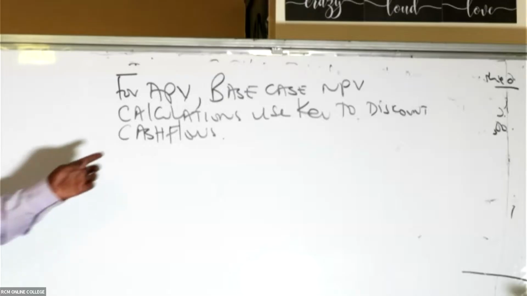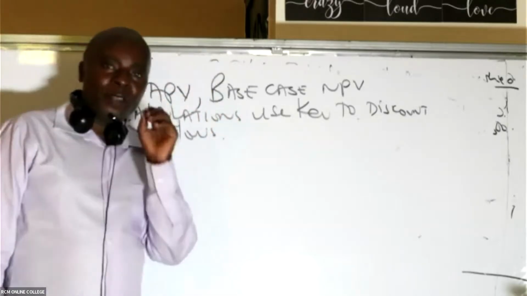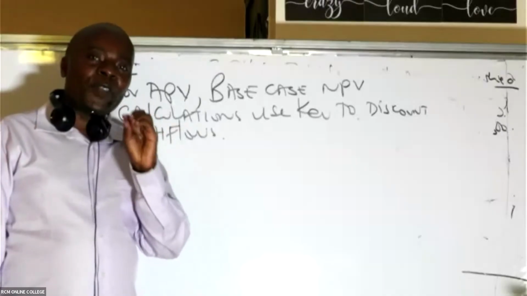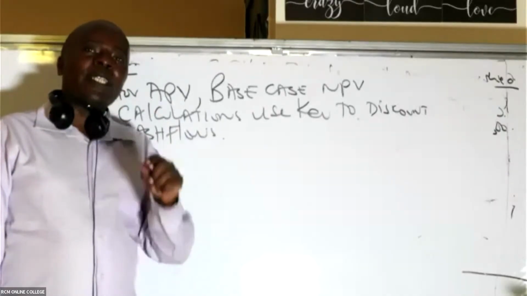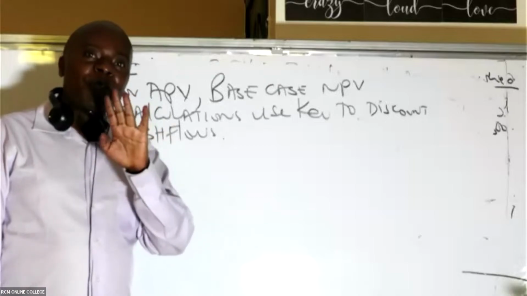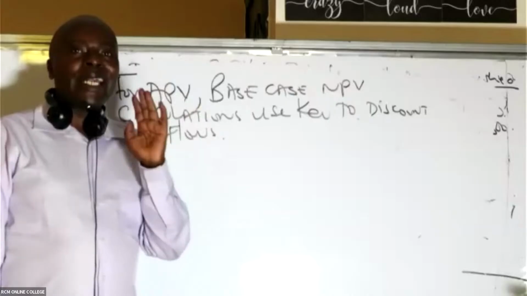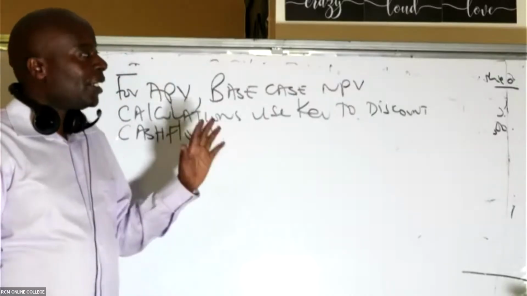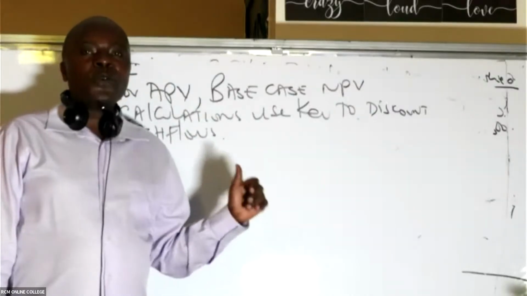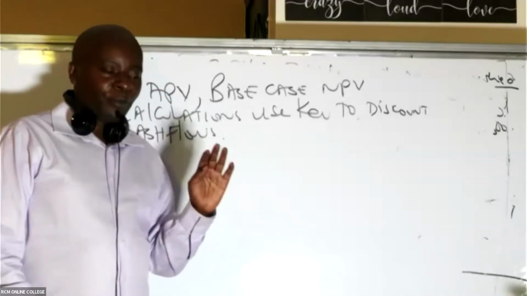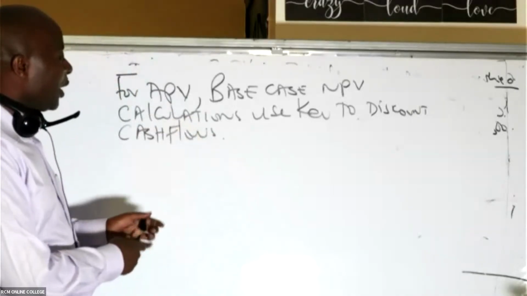So remember we've said that for the base case NPV, we shall assume that this company is debt-free, financed through equity. And if it's debt-free, then its cash flows will be discounted using what we call KU. Now we are looking for this KU. So to get this KU, what do we do?